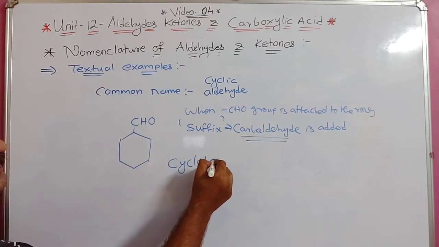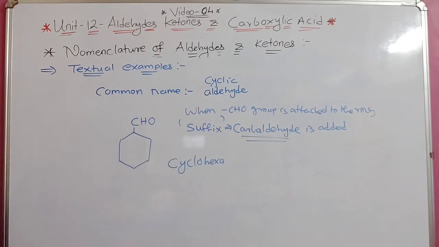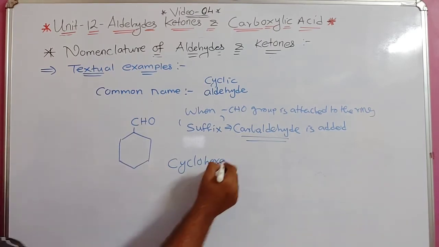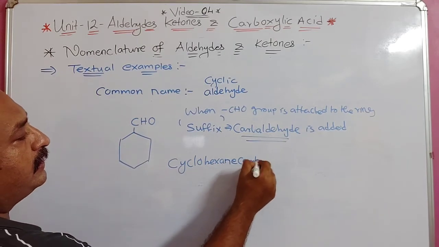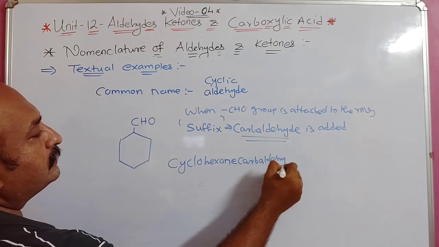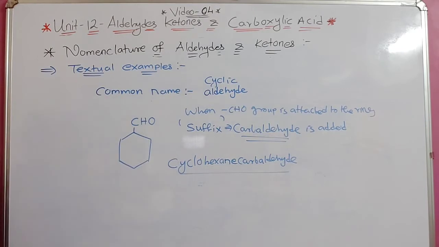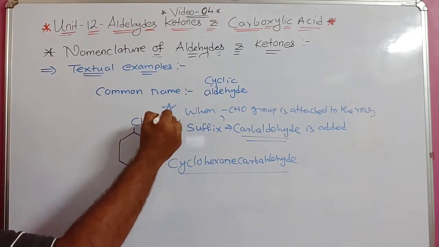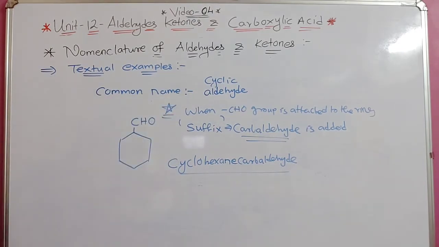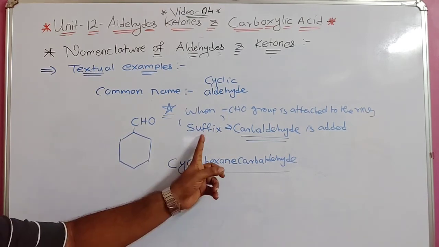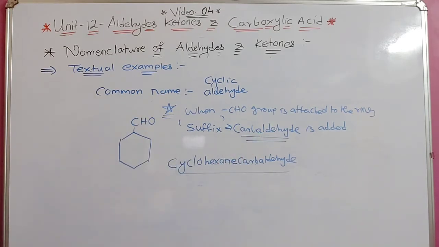Cyclohexane carbaldehyde. This is an important part which I think is not given in your textbook. Clear? No, an example is given there, but you can write down this: when a CHO group is attached to a ring, the suffix carbaldehyde is added.